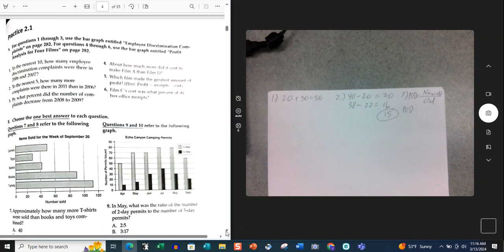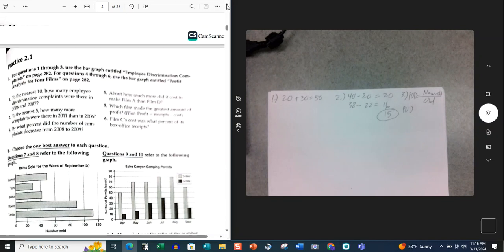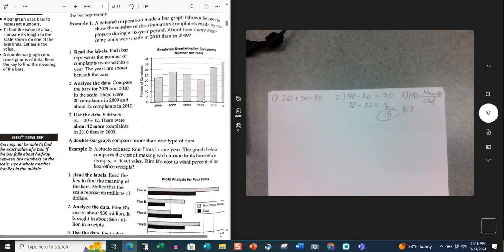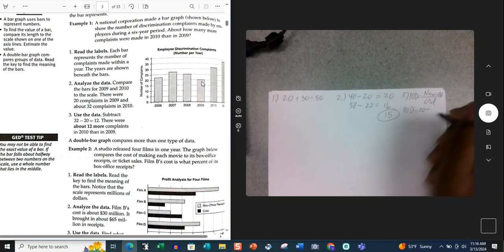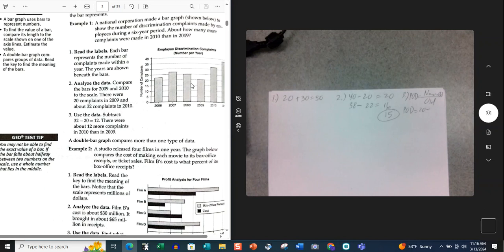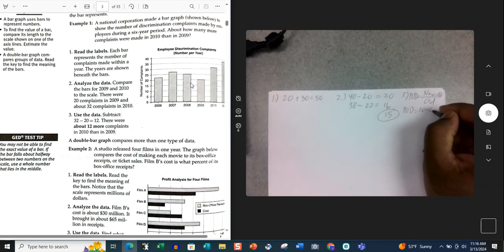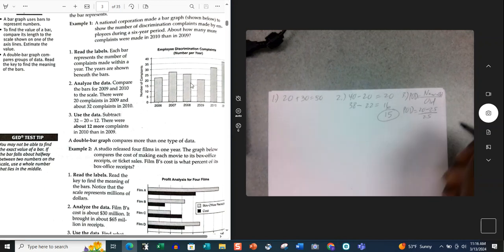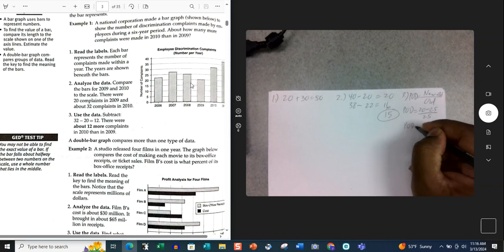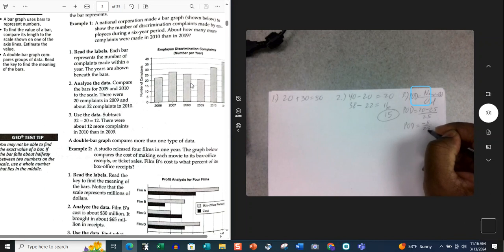I've got to remind myself, it's 2008 to 2009. So 2009 would be the new value, which would be 20. 2008 would be the old value, which is 25. All divided by 25. So percent of decrease, 20 minus 25 is negative 5 over 25.